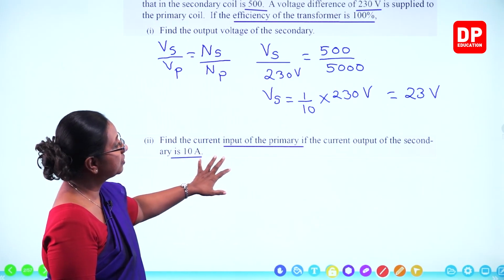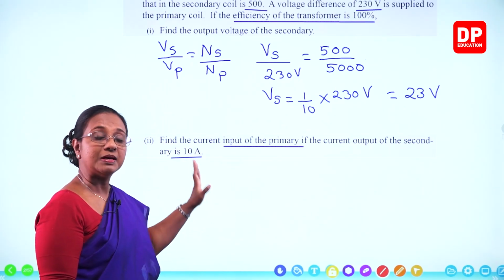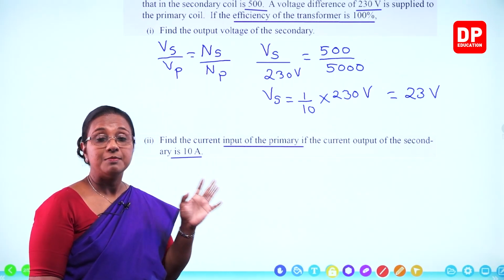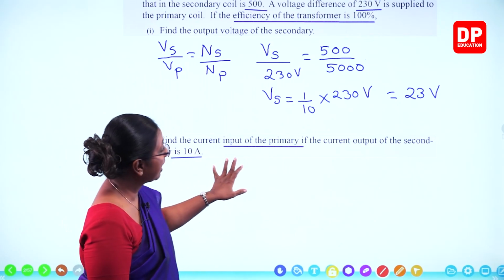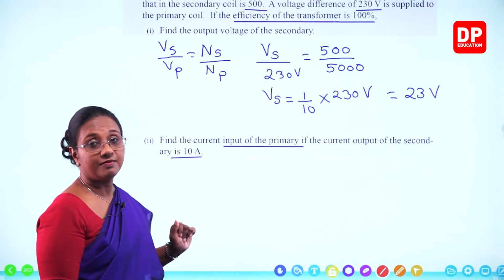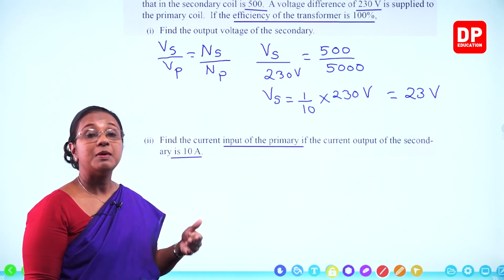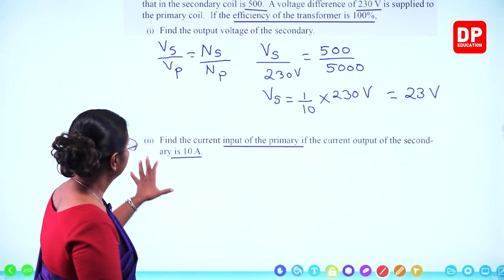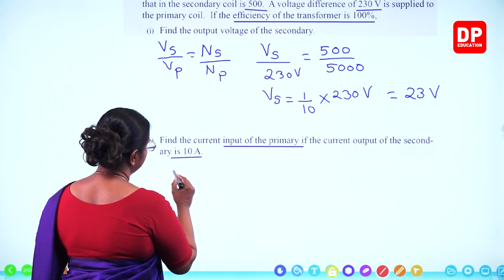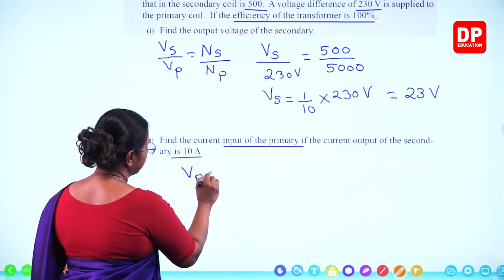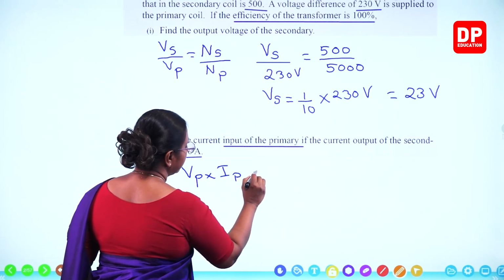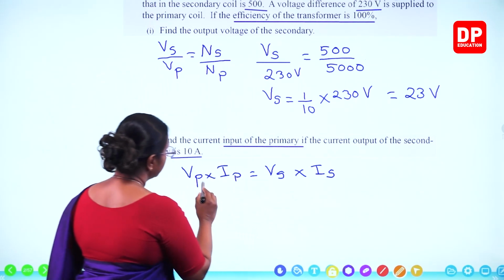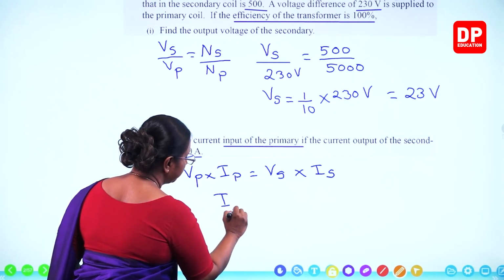So here, of course, students, you all have to remember the previous question and this question are similar, but the only thing is here we have the secondary current value, output current, but we don't know the input current. So we need to find that out.